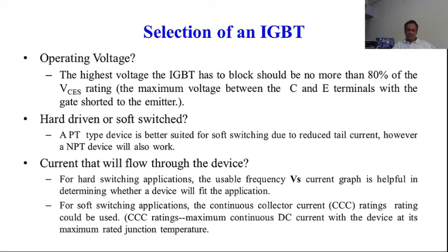And for soft switching applications, we use the ICC rating. What is the ICC rating? The maximum continuous DC current with the device at its maximum rated junction temperature. It is given in your data sheet. You can find all these things in your data sheet, and according to your application, you can choose which IGBT is suited for it.